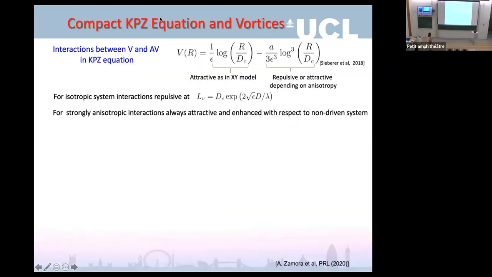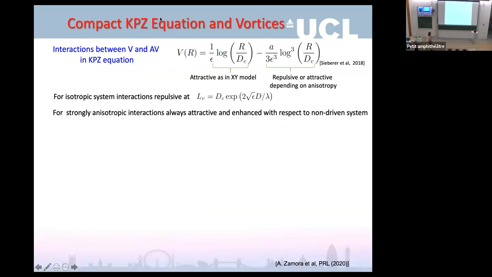This is the case because if you now compute the force between a vortex and anti-vortex in the KPZ equation, which was done analytically by Sieberer in 2018, then you see that the part which is attractive, normally vortex and anti-vortex pairs have attractive interaction in the XY model.